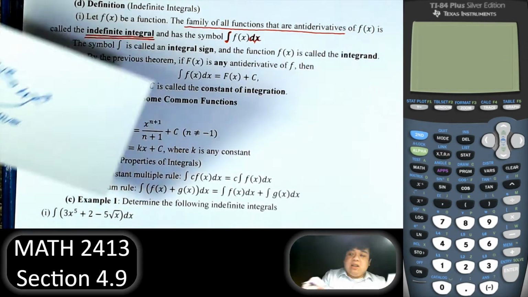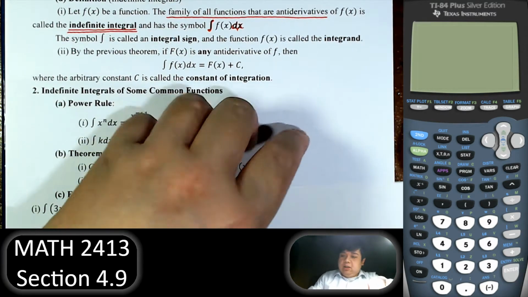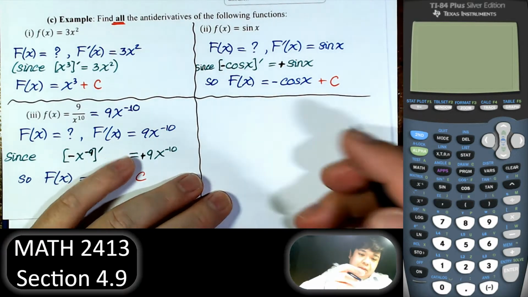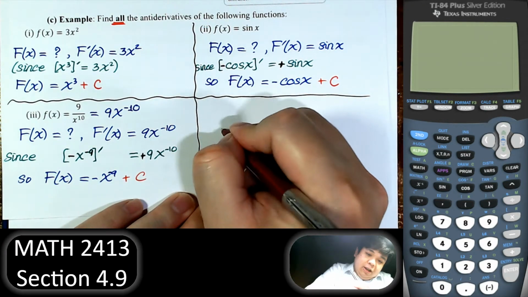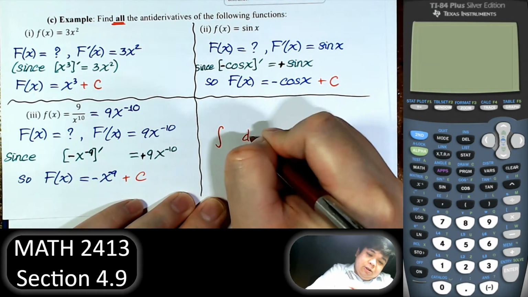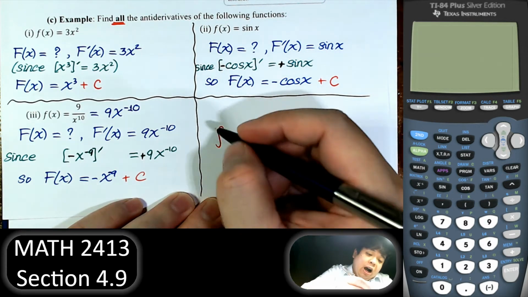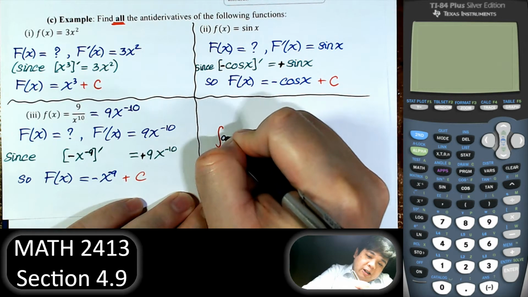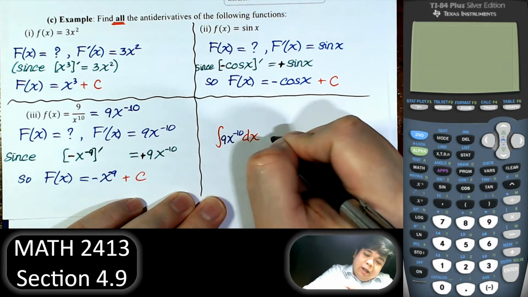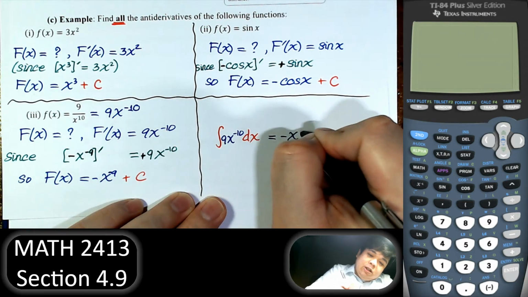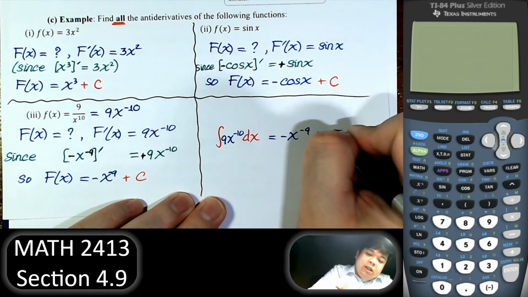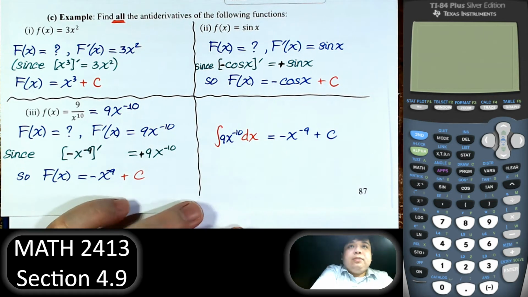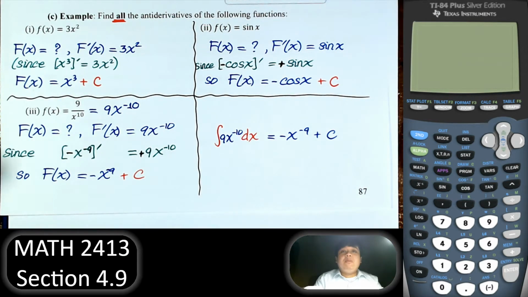For example, for the last example, we can write the indefinite integral of the function is equal to negative x to the negative 9 plus c. Right, so that's the proper notation.